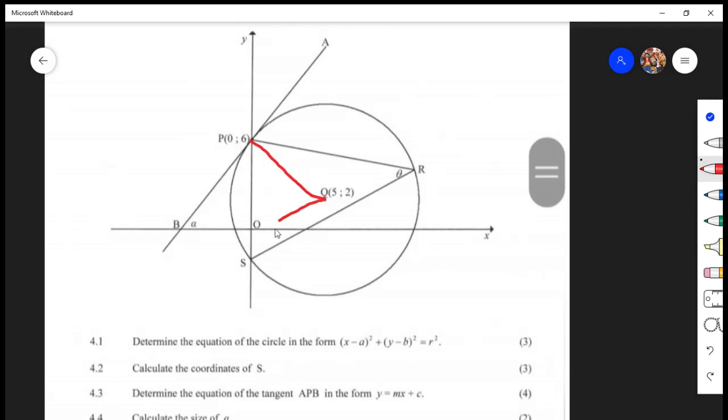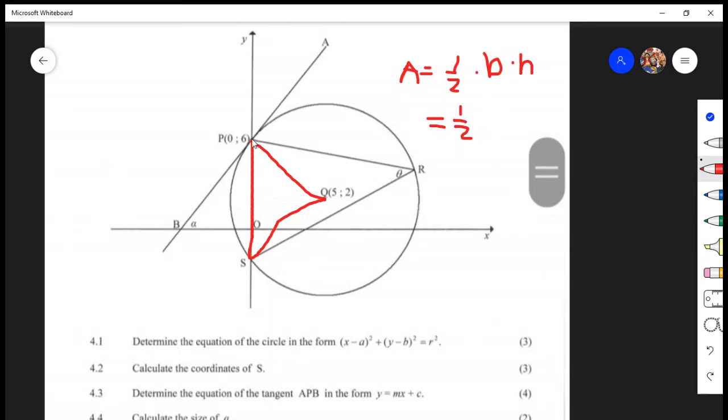Okay. So in order to calculate the area of triangle PQS, we know that our area formula is half times base times height, right? So in this triangle, our base would be PS, which is this line over here.